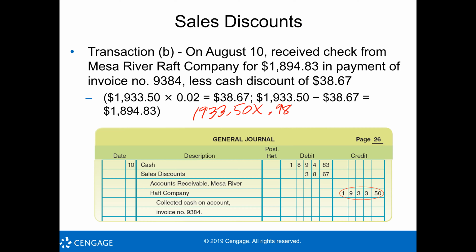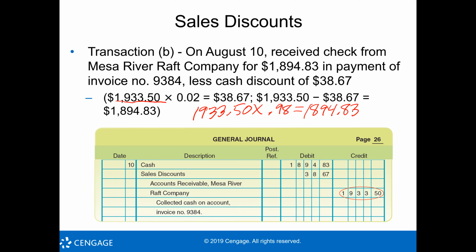Because if we're giving a discount of 2%, that means we're only going to collect 98% of that invoice, right? And so if we take that 1,933.50 times 0.98, again, that gives us that 1894.83. That gives us the amount of payment that the customer is actually going to make, right?